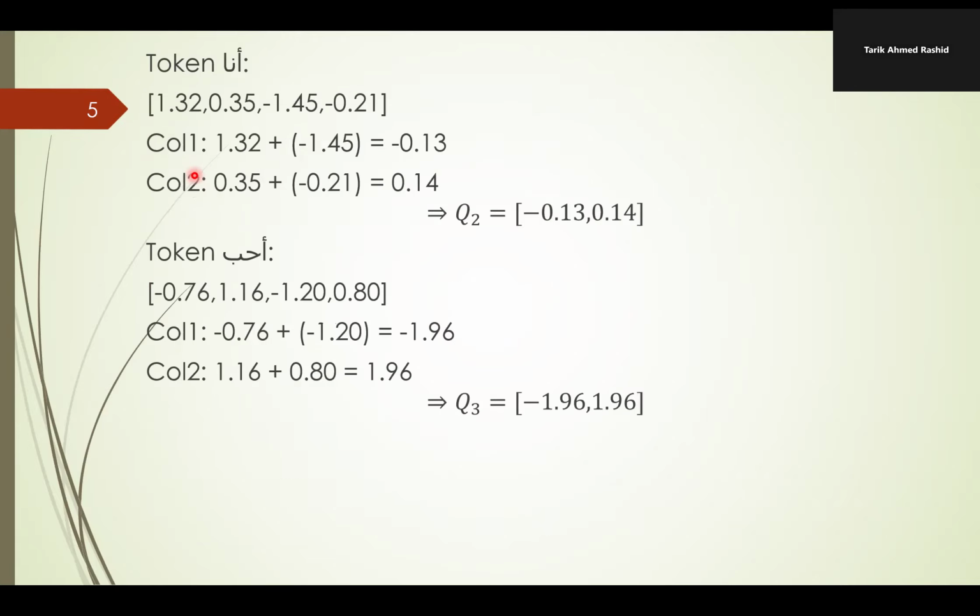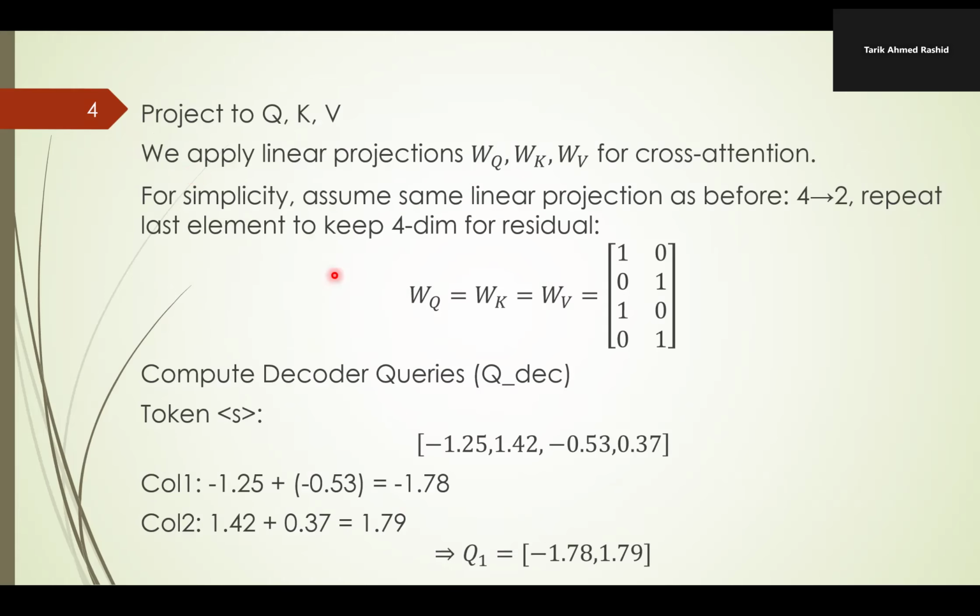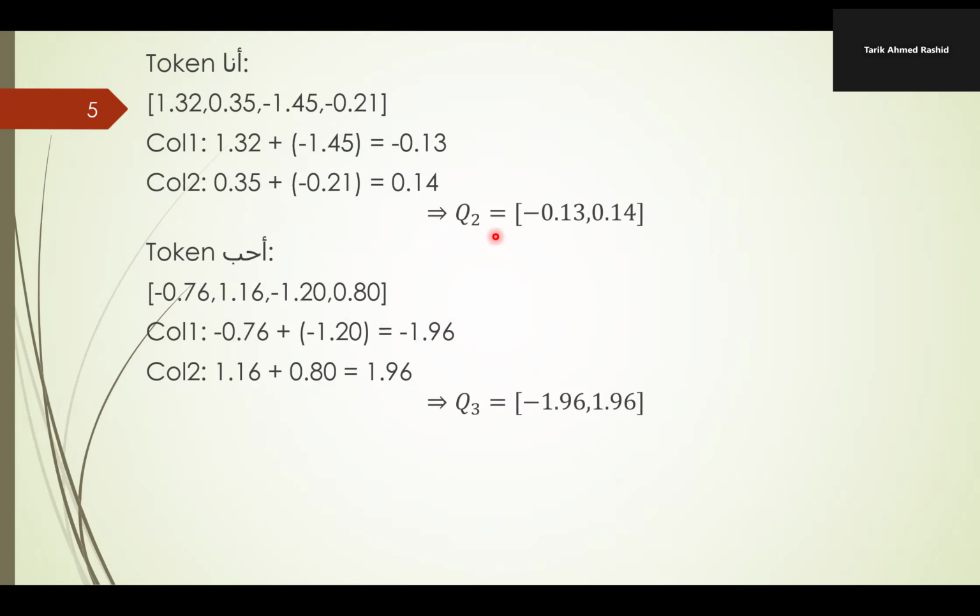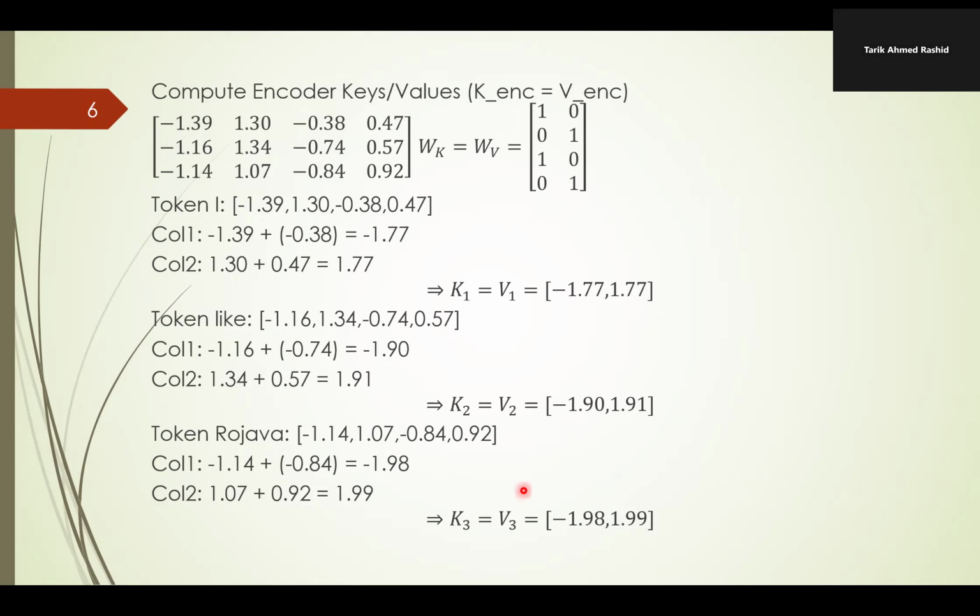And for the query, Q1 represents the start token, Q2 represents ANA, the Arabic translation for I, and Q3 represents AHAB, the translation for the English word like. So here we will have the values for K1, K2, K3, V1, V2, V3, and you can see three values.